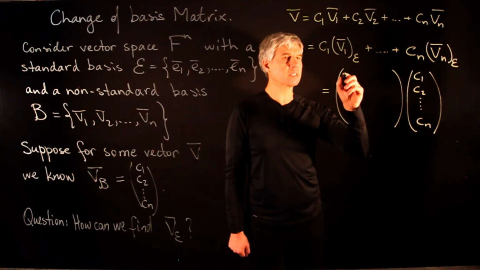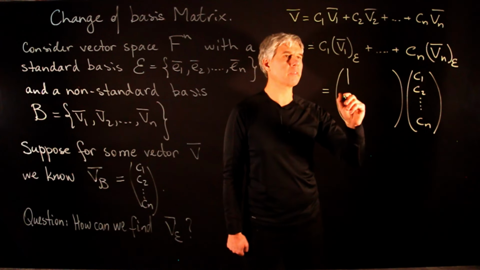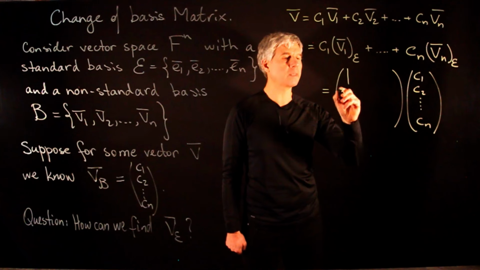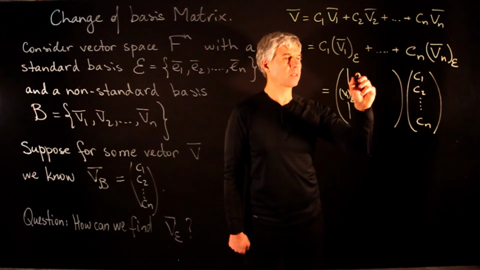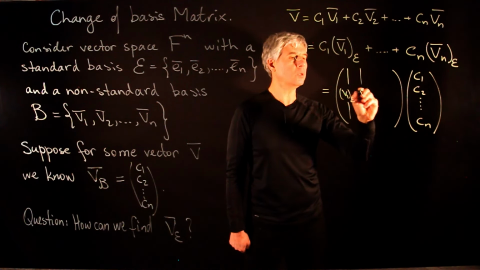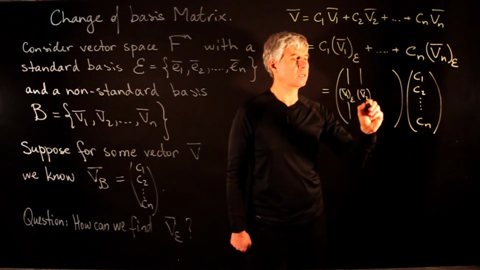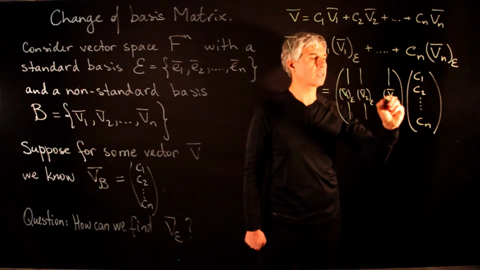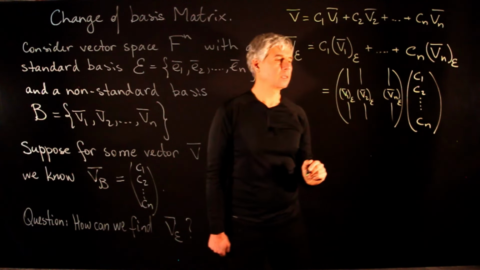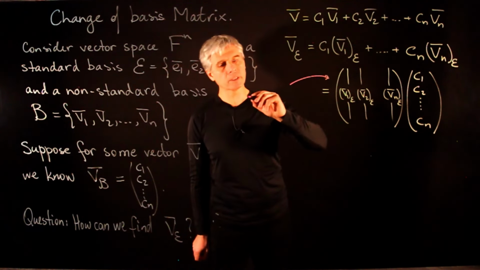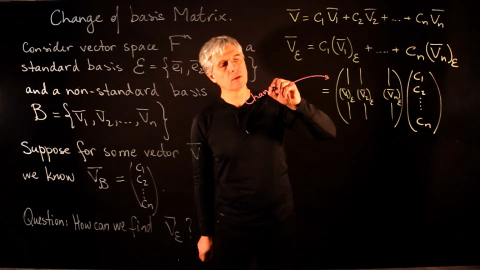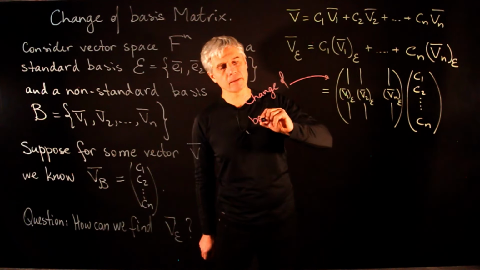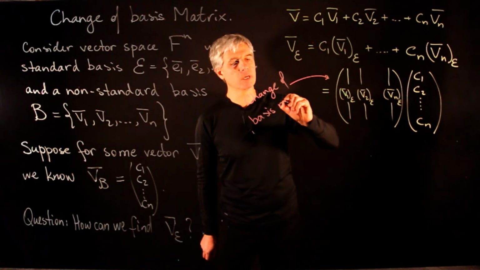So the first column in this matrix is v1 in E, then the second column will be v2 in E, and the last column will be vn in E. This matrix is called the change of basis matrix.